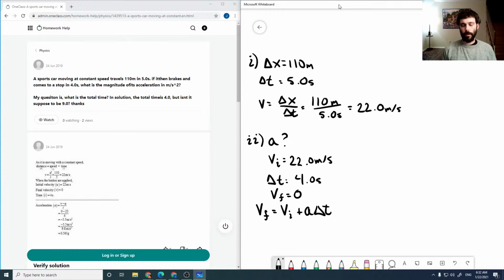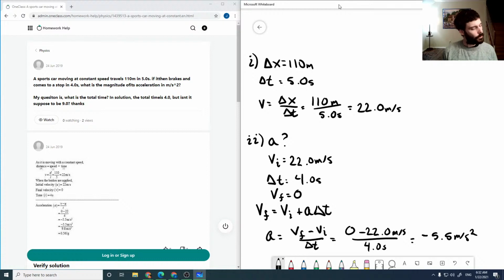We can rearrange this to a equals Vf minus Vi over delta t, which is 0 minus 22 meters per second over the 4 seconds, which comes out to minus 5.5 meters per second squared.